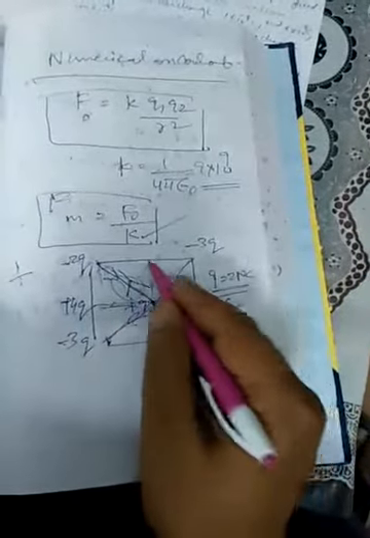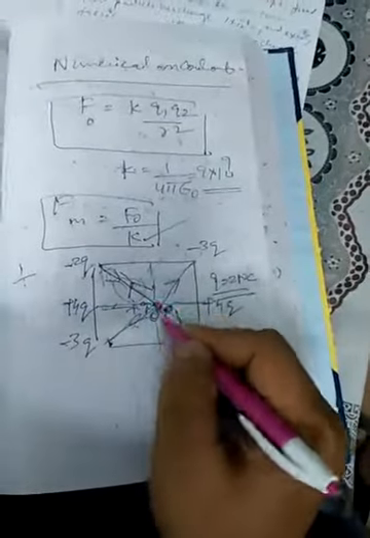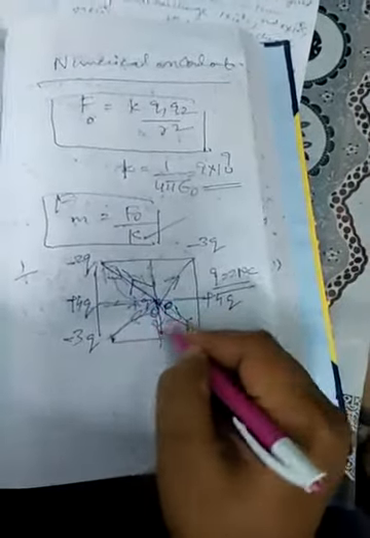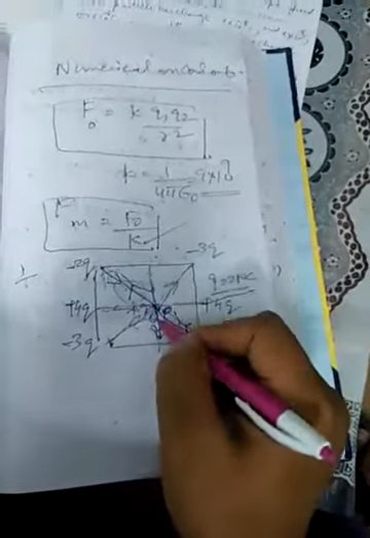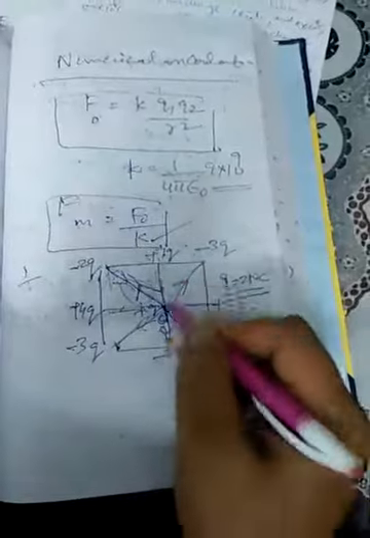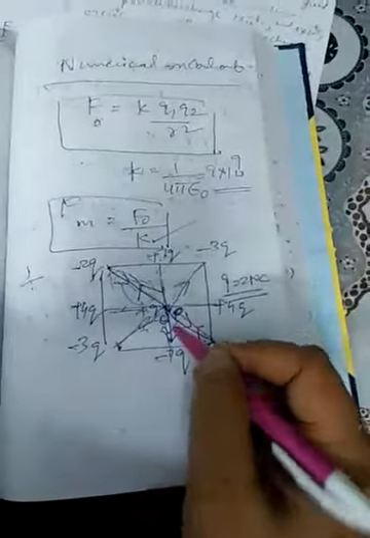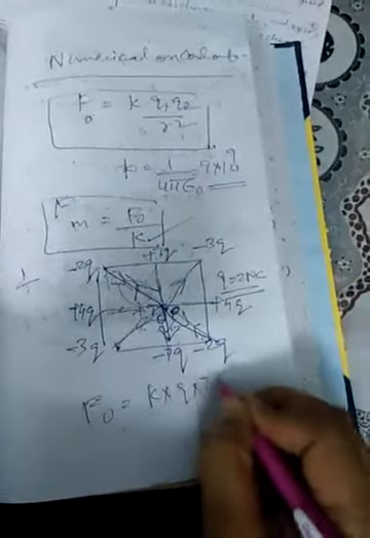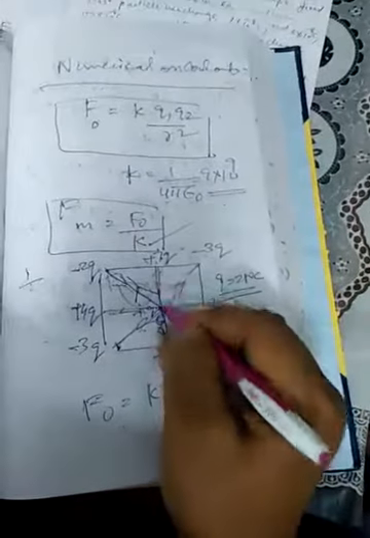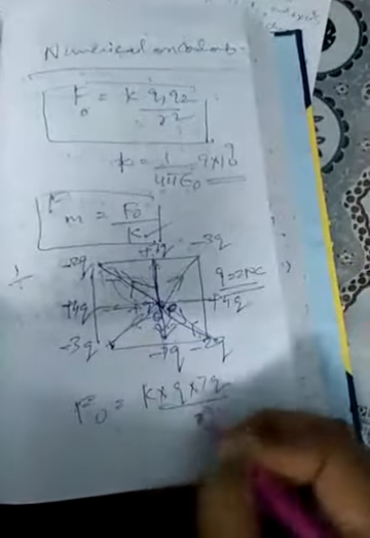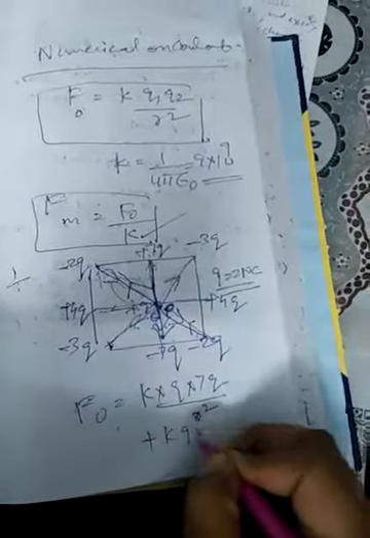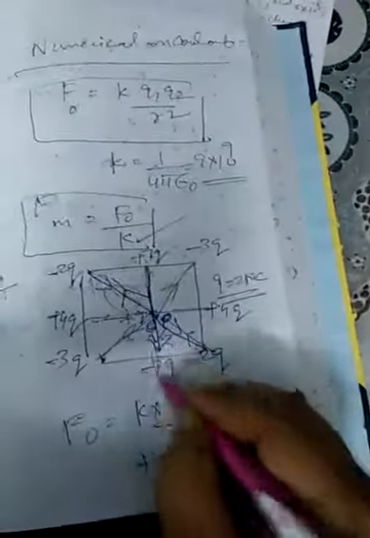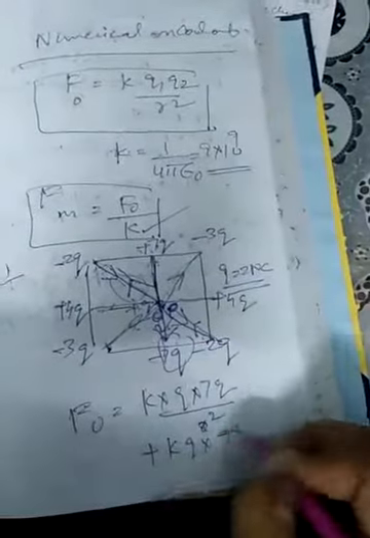But for this one, the charges are opposite, so two different forces are going to be acting, this and this, because these two charges repel with a force of 7q, and this is minus 7q. They are repelling the charge, they are attracting the charge. So the net force at O will be equal to k q into 7q upon the distance, let us say x square, plus k q into this charge 7q upon again x square.